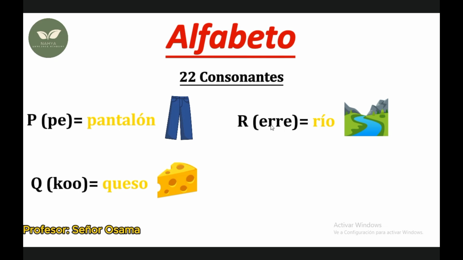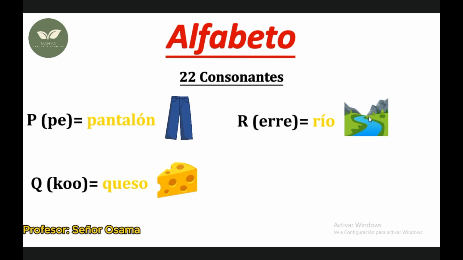I mean, we don't say ene or eme, we say ene, eme. Also, we don't say ere, we say erre, erre. We force it. And we find this in the example of río, río, which means river.